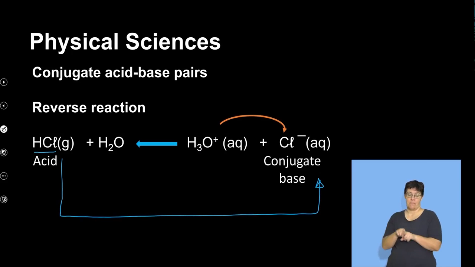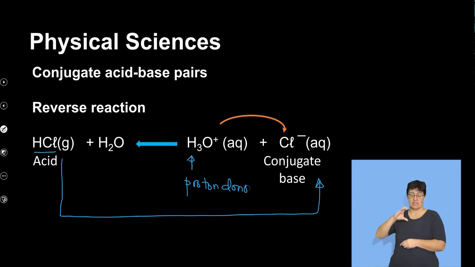Now, if we consider the reverse, take note of the direction of the arrow. So we are interpreting this equation from right to left. What is happening here? This conjugate base actually accepts a proton from the hydronium ion. So this hydronium ion is a proton donor in the reverse reaction, okay?